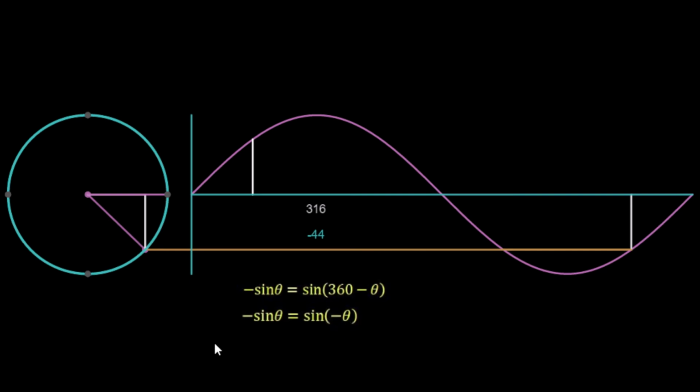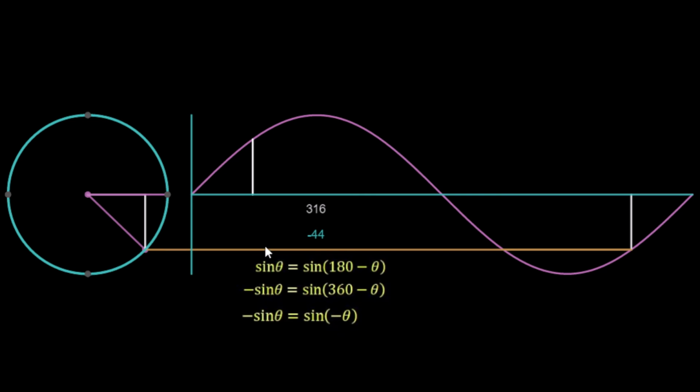So this is our third identity, and our first identity, which we saw earlier, is the sine of theta is equal to the sine of 180 minus theta. So we've seen three different identities here involving the sine function.